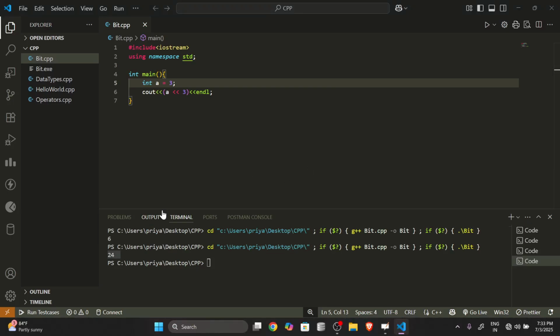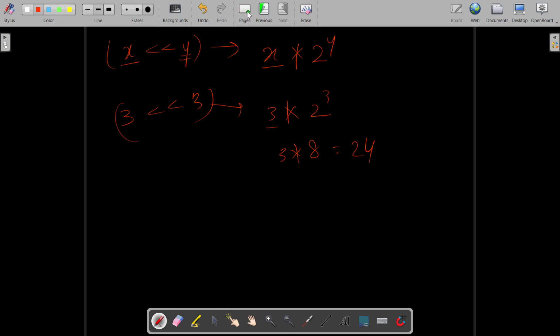Now let's talk about the bitwise right shift operator. Let's suppose we have the binary representation of a number.